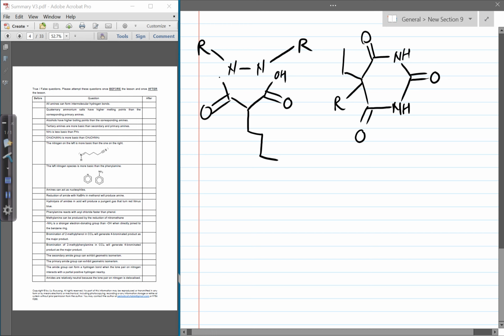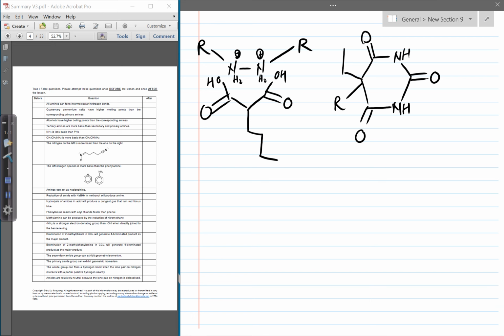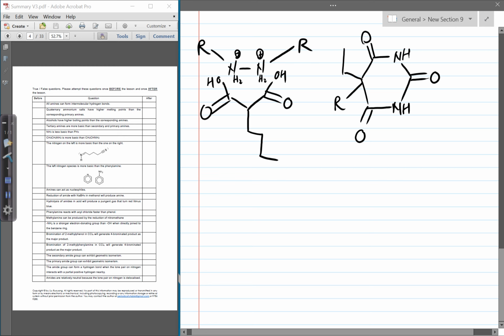Here becomes OH, here becomes OH. For this nitrogen, same thing, you get NH2+ and NH2+, since it's acidic conditions. And that's all. If it's under basic conditions, then here will be COO-, COO-, NH, NH. But you have to indicate whether it's acidic or alkaline hydrolysis, which is part A.